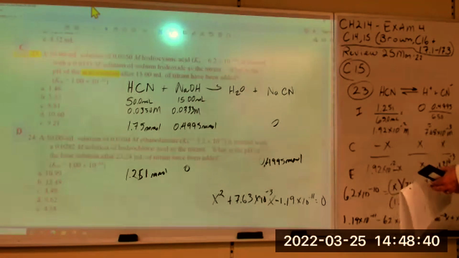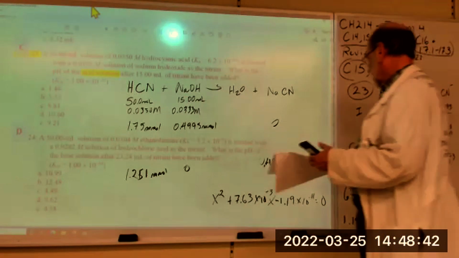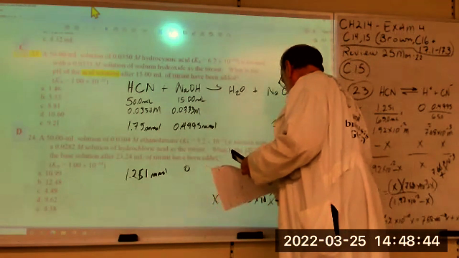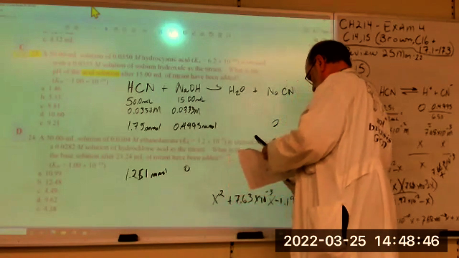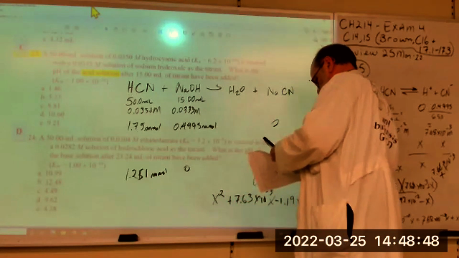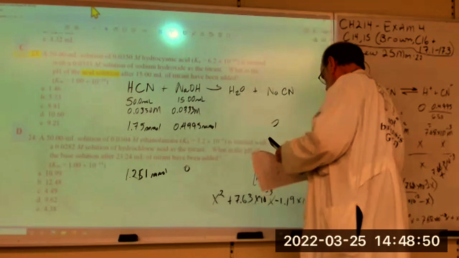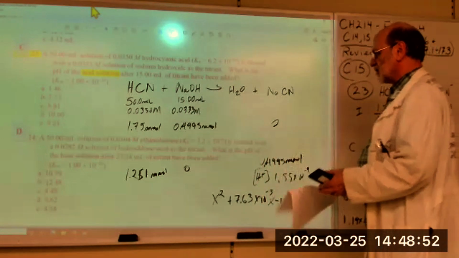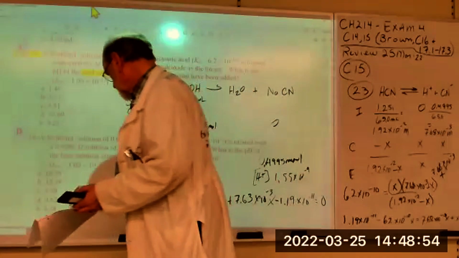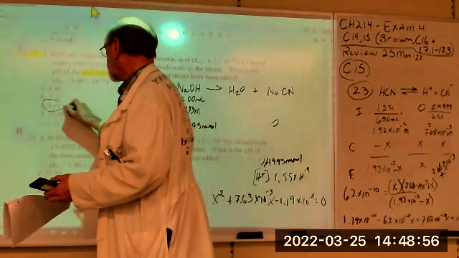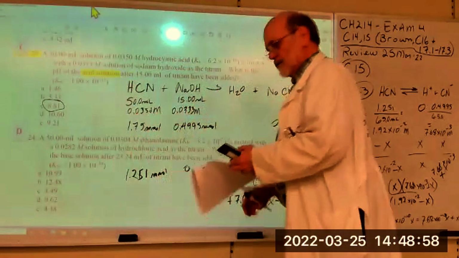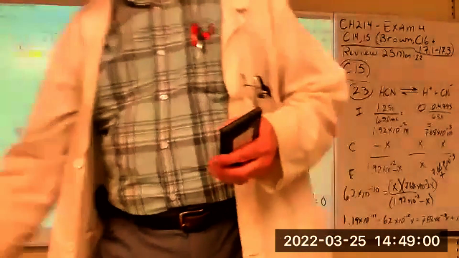So once you solve the quadratic, you get a hydrogen ion concentration of 1.55 times 10 to the minus 9. Take the negative log of that, you get pH 8.81. That was a bear.